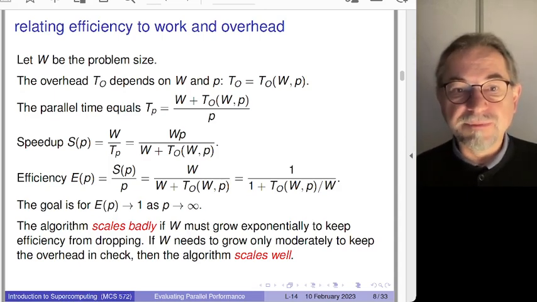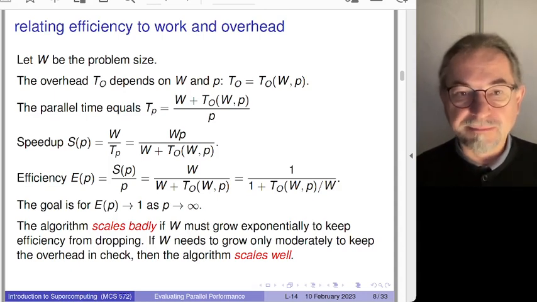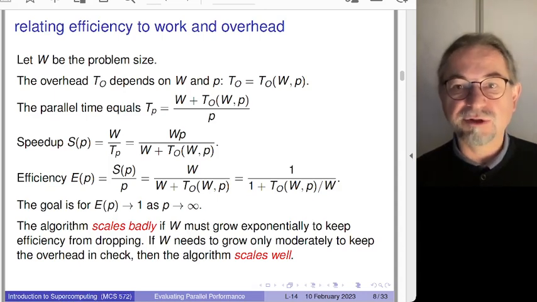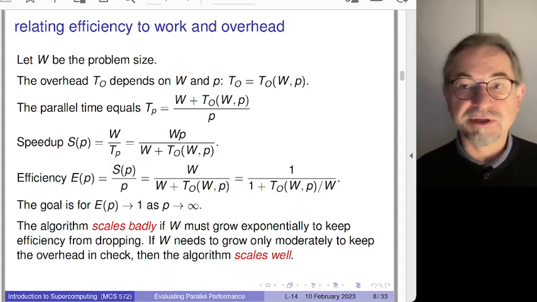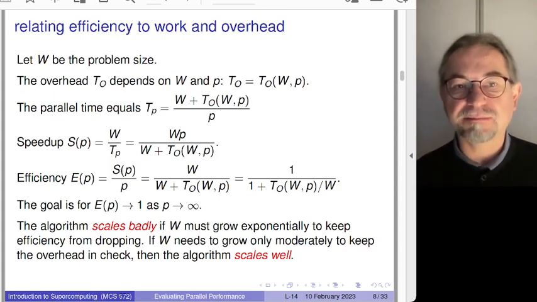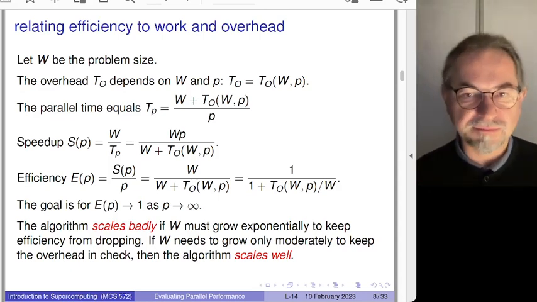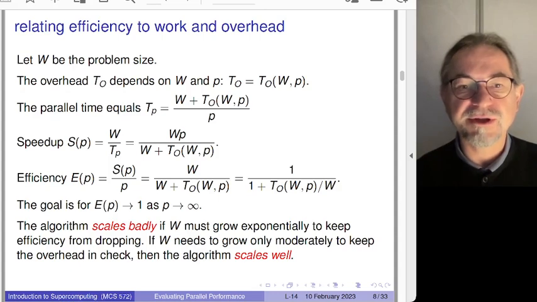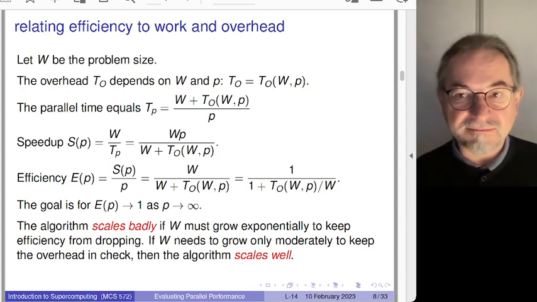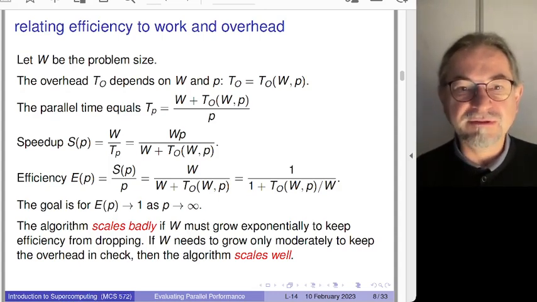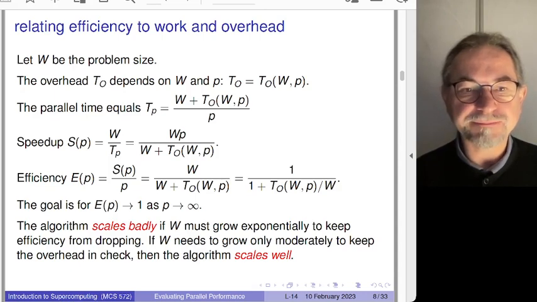So now if we look at the scalability, we let the number of processors grow, which is actually unrealistic. Typically you have a fixed parallel computer with a fixed number of processors, but let's, for the sake of argument, assume that we can have an unlimited number of processors.